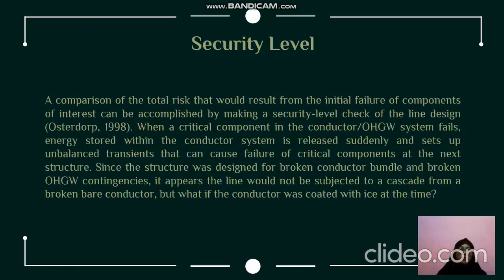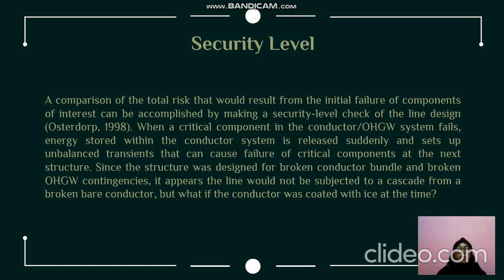The security level, a comparison of the total risk that would result from the initial failure of components of interest, can be accomplished by making a security level check of the line design. When a critical component in the conductor system fails, energy stored within the conductor system is released suddenly and sets up an unbalanced transient that can cause failure of critical components at the next structure.